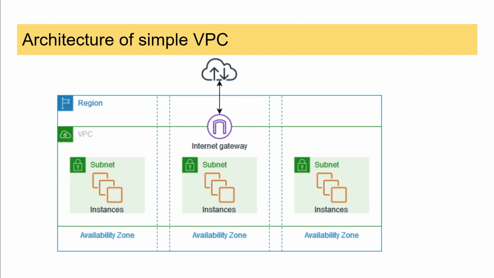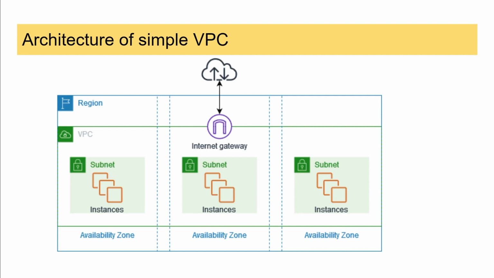A VPC can spread across multiple availability zones. In this diagram, we see three availability zones defined: availability zone 1, availability zone 2, and availability zone 3. Subnets are availability zone specific resources, and instances are launched inside subnets.